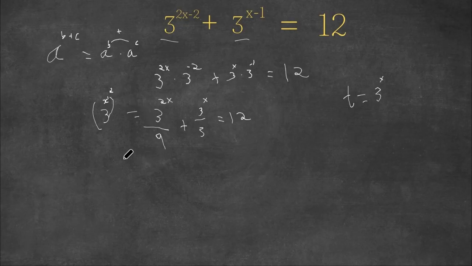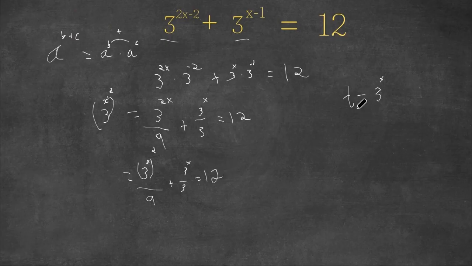So we're going to convert this into 3 to the power of x, to the power of 2, over 9, plus 3 to the power of x over 3, and all of this still equals 12.